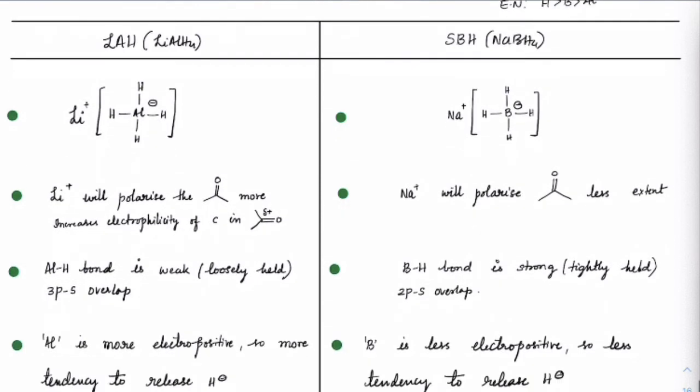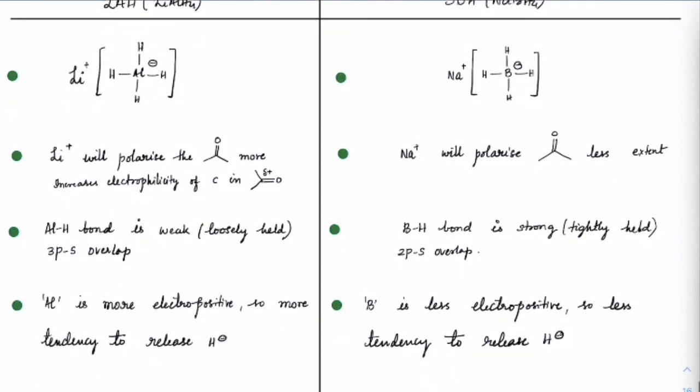Okay. So which means hydrogen will come out as hydride, H minus, and aluminum is more electropositive, so the tendency of releasing H minus is more here, while B is relatively less electropositive, so H minus release would be slow.